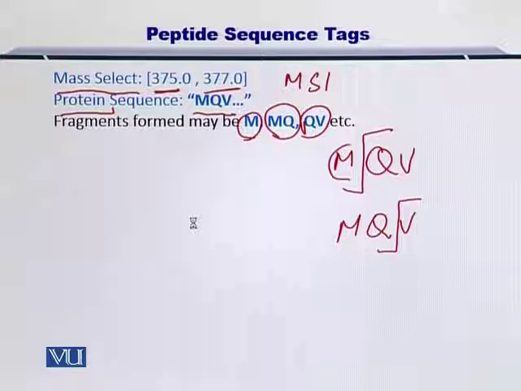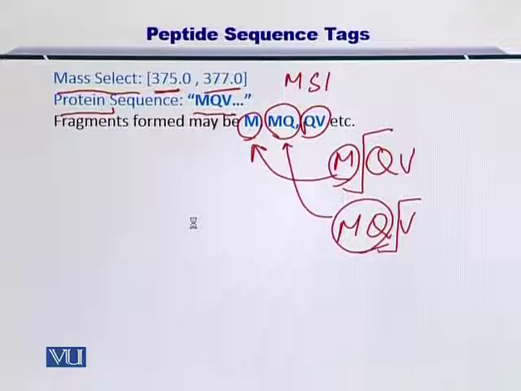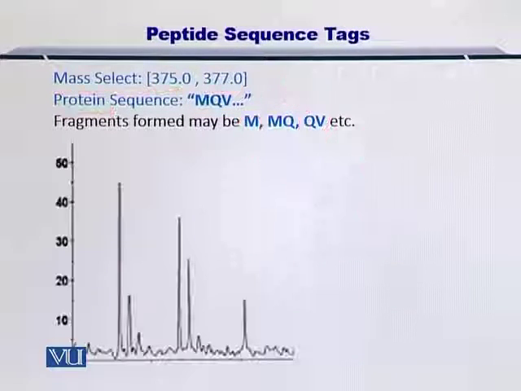So here you have M like that, or MQ here, or QV here, or even V. So if you fragment the protein at a specific site, then these possible fragments can be reported for this example. Let's assume that this is the spectrum that you obtain from the mass spectrometer.